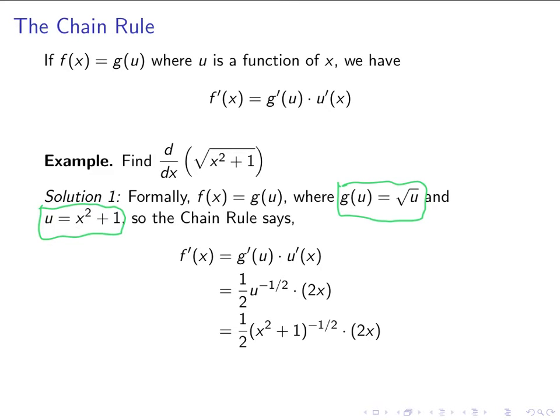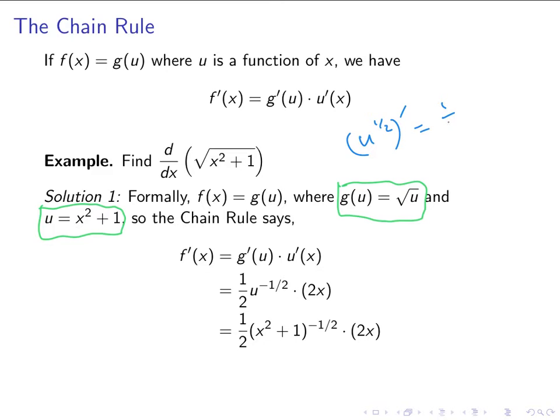So the chain rule says f prime of x is g prime of u times u prime of x. So g prime of u, that's a problem here. That means I take this thing and I find the derivative of this with respect to u. Now, if you don't recall, the way we would do that is the square root of u is really just u to the 1/2 power.